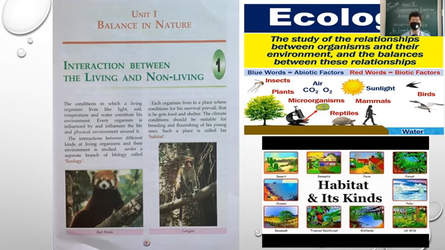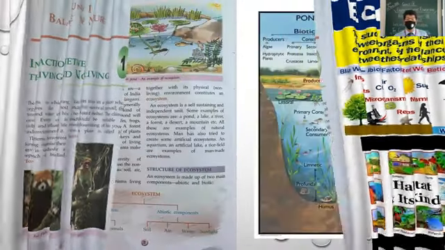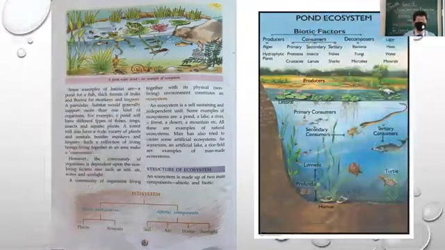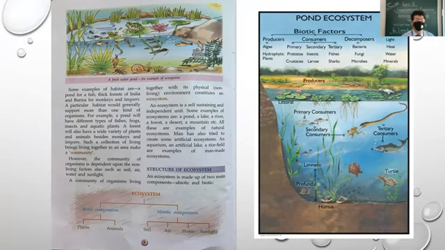Such a place is called its habitat. Some examples of the habitat are a pond for a fish, thick forests of India and Burma for monkeys and langurs.